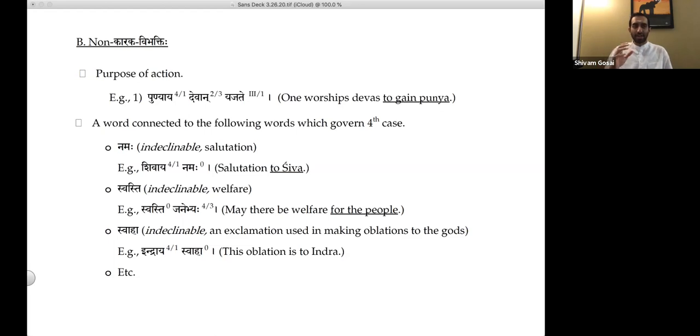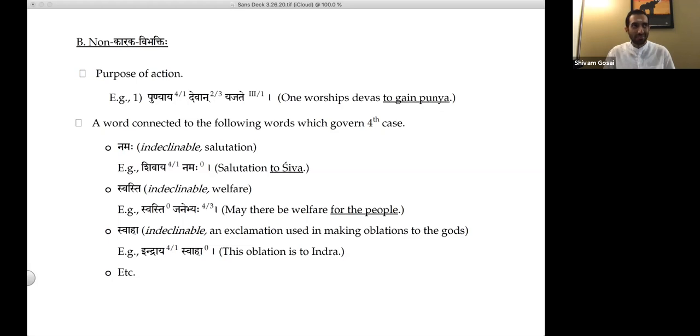So you say, Ishaya Namaha, Om, right? Hanumate Namaha. That's Hanumat in the fourth case. Om Namo Narayanaya, all fourth case, just like Ramaya, Narayanaya, Shivaya. Okay, Swasti. We saw the Swasti mantra.